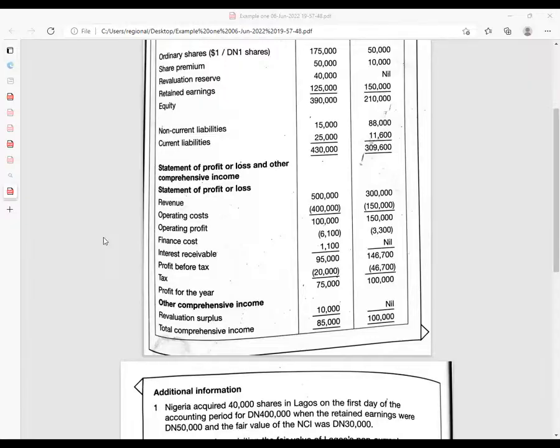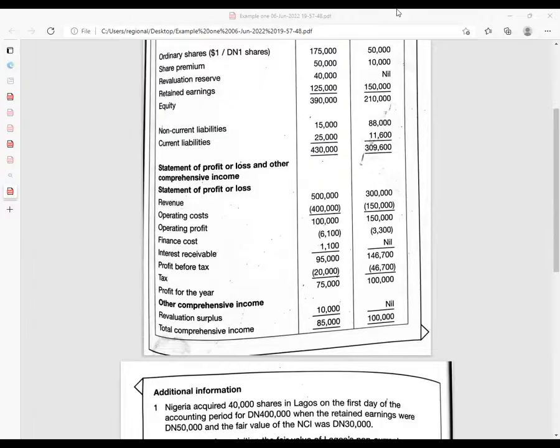Very important, the group exchange gain, for me to be able to get the total comprehensive income. I'll get all the marks here.